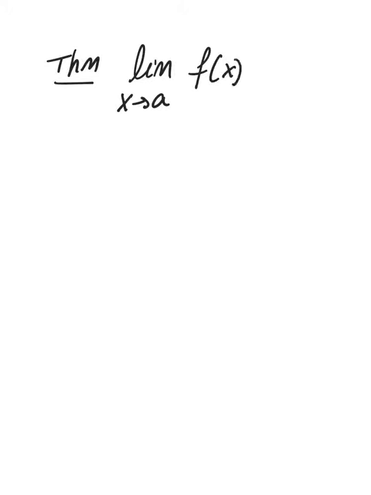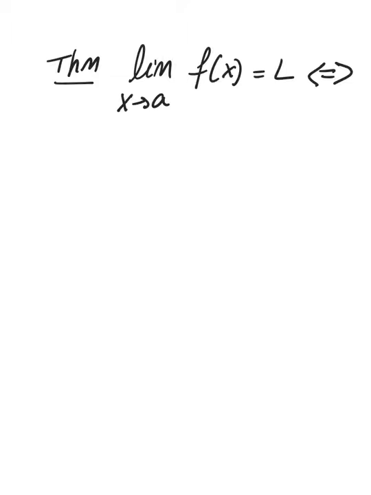All right, so today we're going to deal with more one-sided limits, and there is this theorem that says the limit as x approaches a of f of x equals a number if and only if. If and only if means one side is true only if the other side is true.